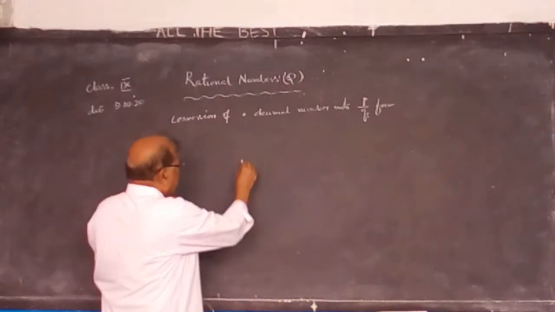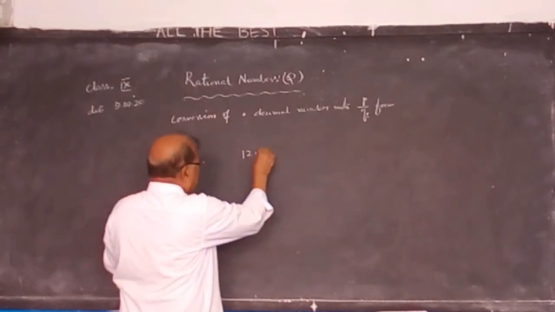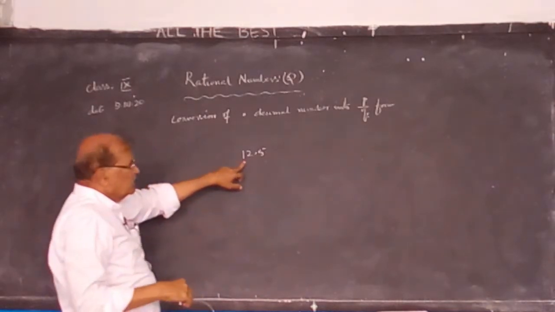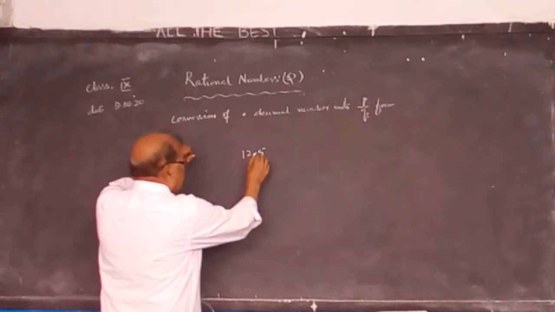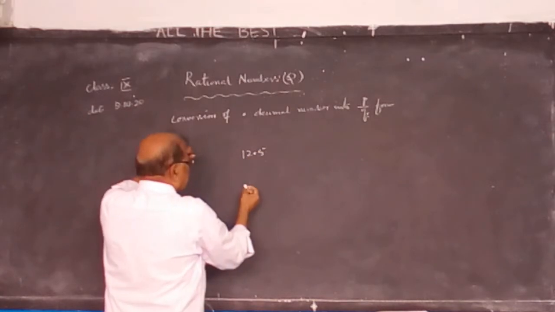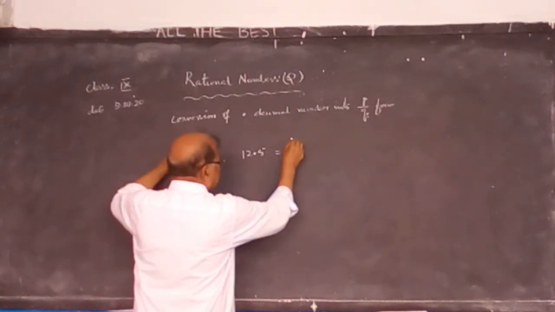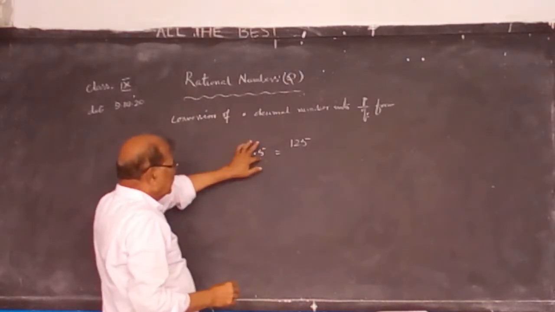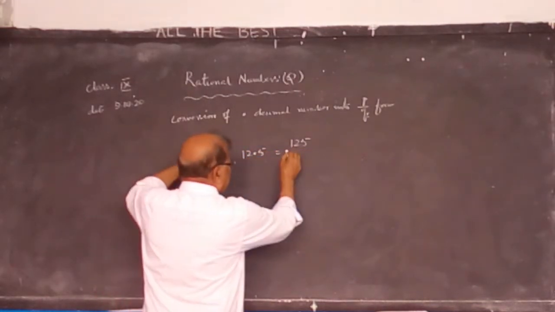So for example, 12.5 is a decimal number. How do you convert this? Simply take this, write the number, eliminate the decimal. It is 125 in the numerator.